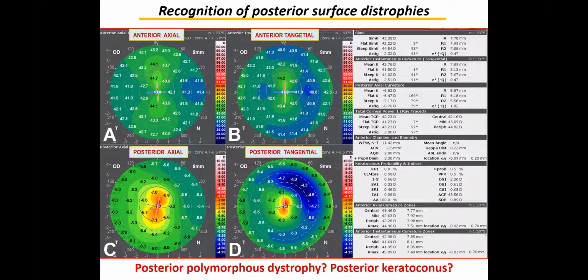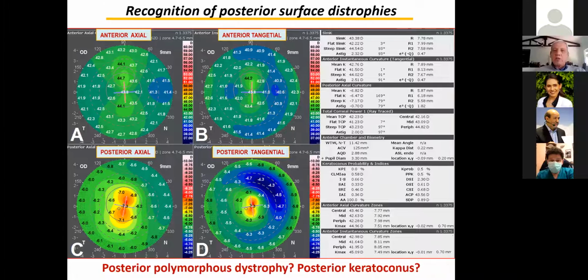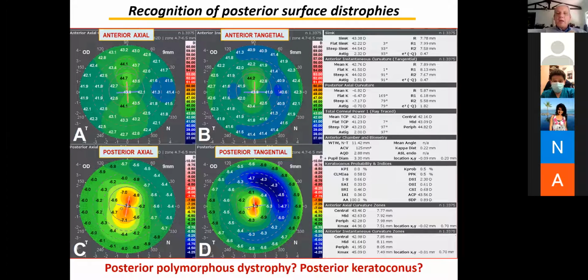So we call this pre-keratoconus type 2 or posterior keratoconus, but it means that we have to search much more the endothelium and what happened in the clinical history, family history, if we have some kind of posterior dystrophy.